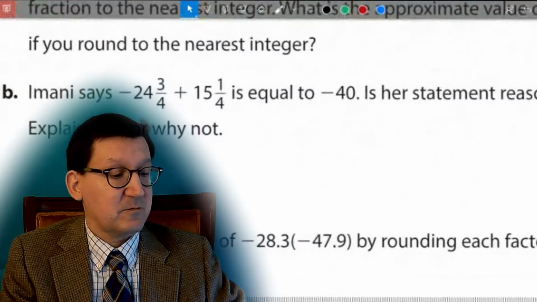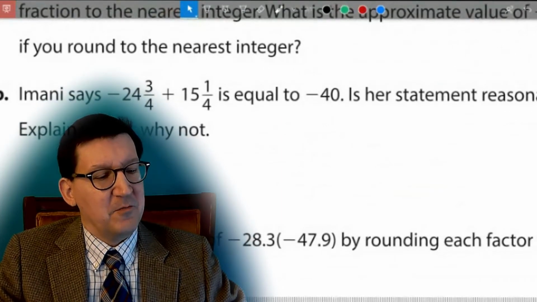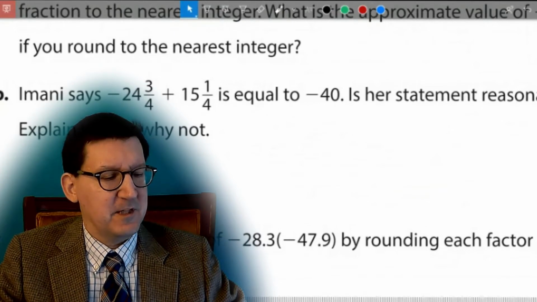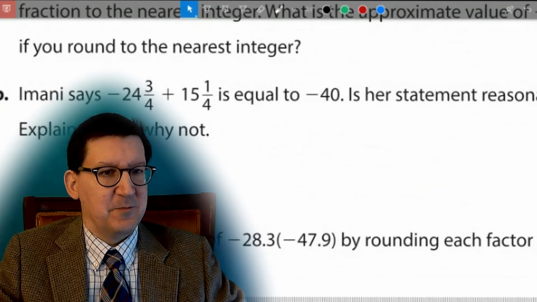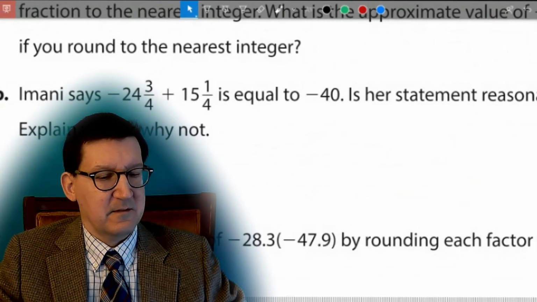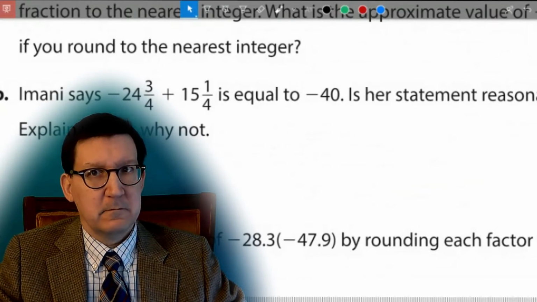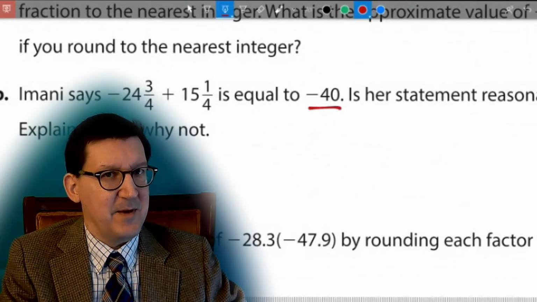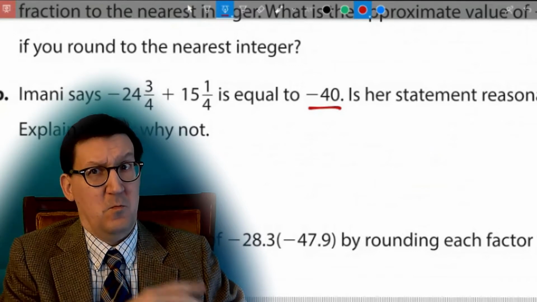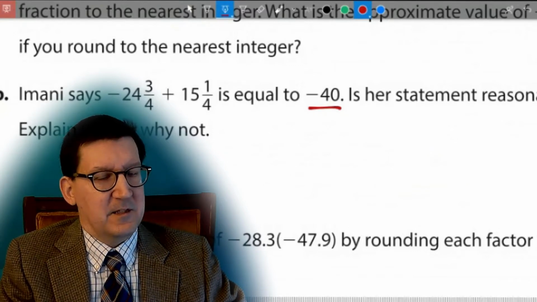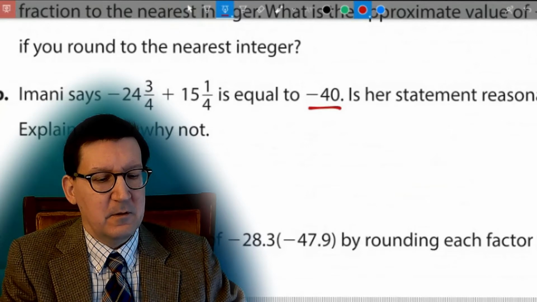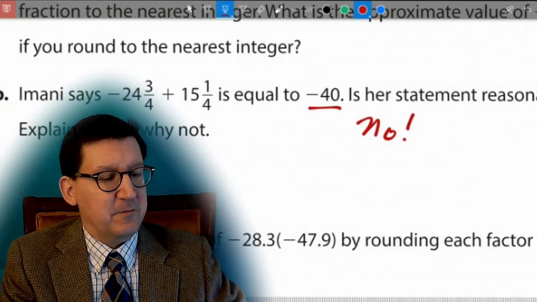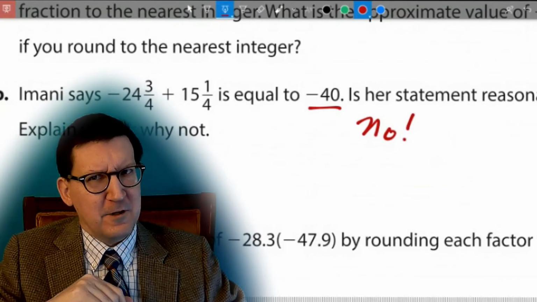Imani says negative 24 3/4 plus 15 1/4 is equal to negative 40. Is her statement reasonable? Explain why or why not. Well, no, of course not, because we estimated and came up with negative 10, so negative 40 is way out there. So that's not reasonable. Why on earth could she have gotten that?